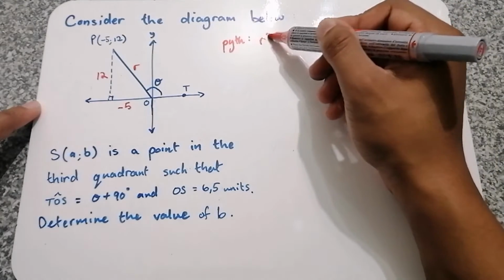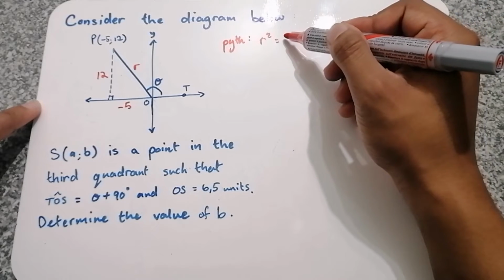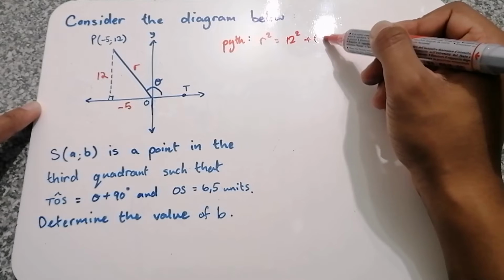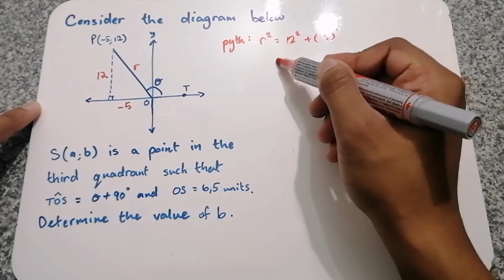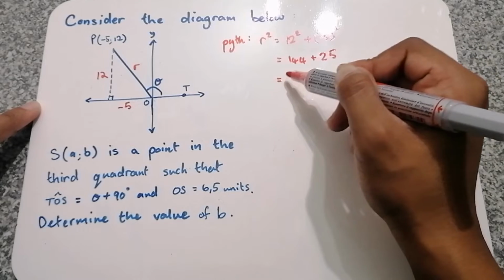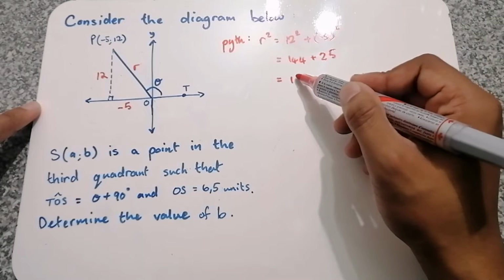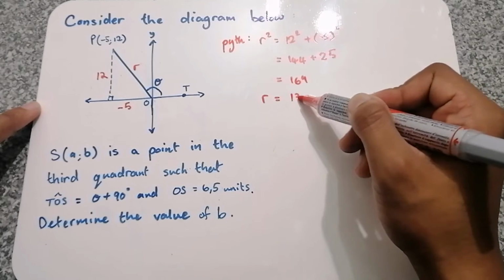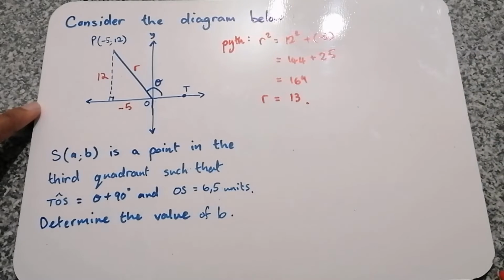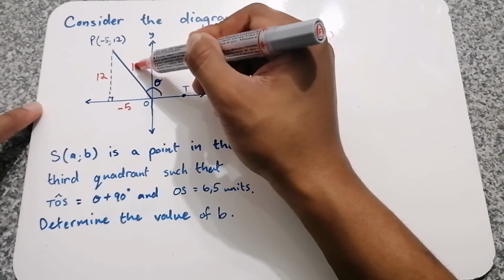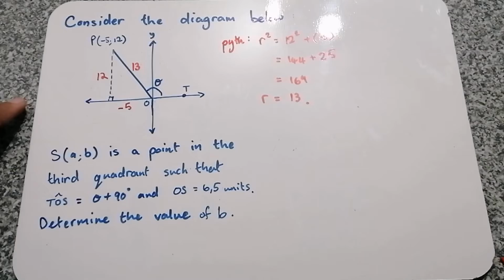We'll say r squared is equal to 12 squared plus the -5 squared. So this is 144, this is 25, and if we add that up, we get 169. The square root of 169 is 13. Okay, so the length of r is 13. That's the length of OP.